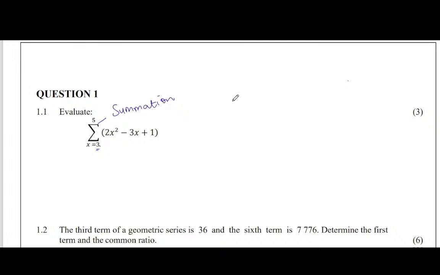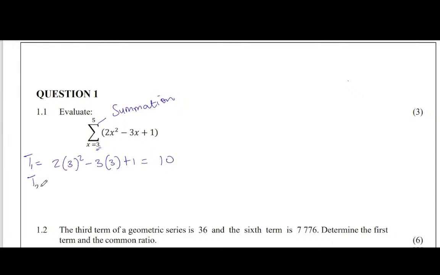So I need to get that pattern or sequence, and I'll do that by simply substituting the x with a 3 to get the first term. So this is going to be 2 times 3 squared minus 3 times 3 plus 1. That is 9 times 2 is 18, minus 9 is 9, plus 1 is 10.